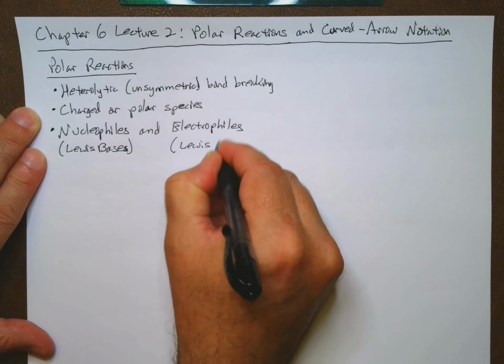All right, so what do the polar species look like? Charged species are relatively easy to identify because they have charges. But polar species, you need to look for an electronegative atom bonded to a less electronegative atom.